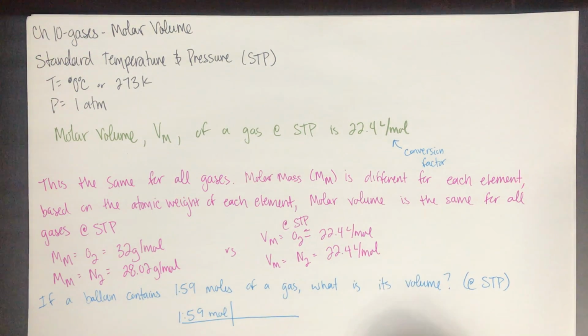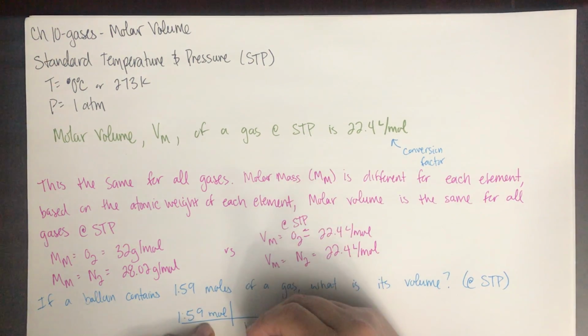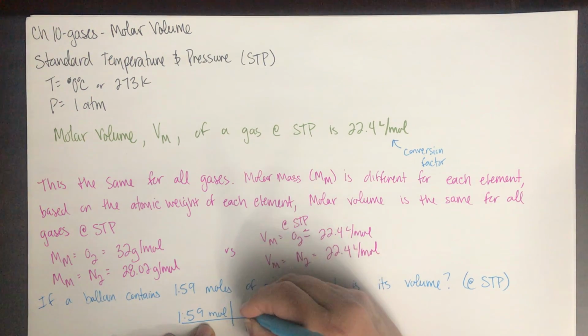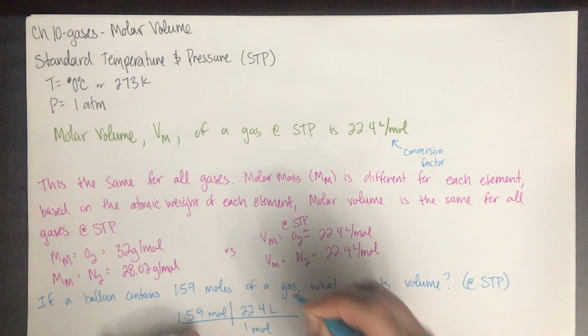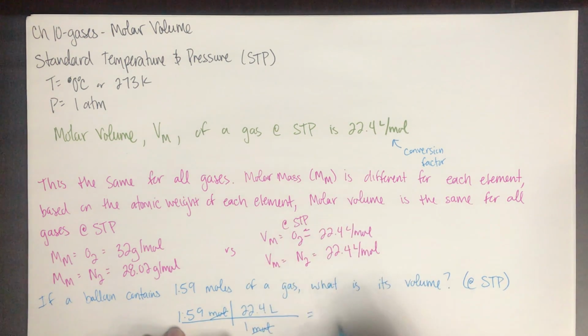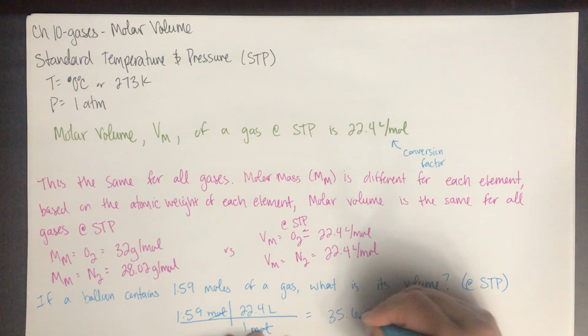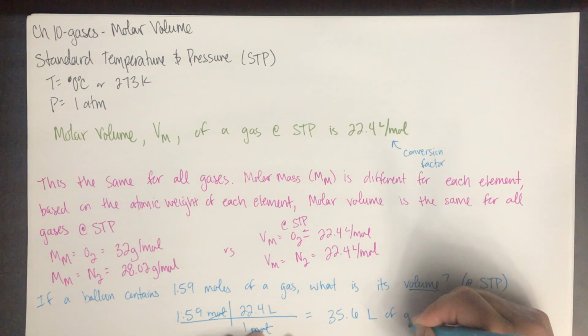I'm going to use the molar volume as a conversion to say that per 1 mole, I'm going to have 22.4 liters. Moles will cancel. My answer is going to be in liters, which is what the question's asking for. What is the volume? 3 significant figures. I'm going to have about 35.6 liters of gas.